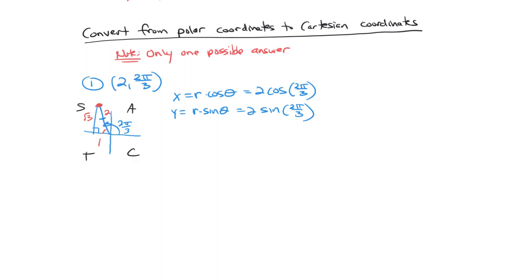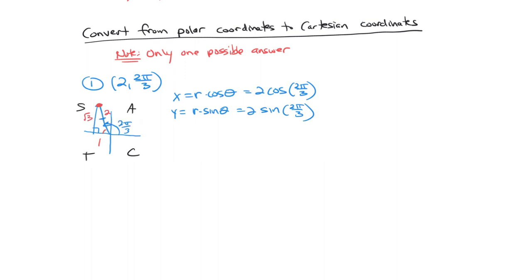Or what I typically do is I just associate cosine with x values, with x coordinates. It's just from defining the trig functions cosine and sine from the unit circle. So cosine is going to be positive here. Associate sine with y values, so sine is going to be positive here.